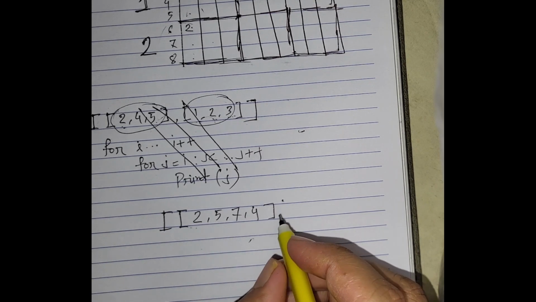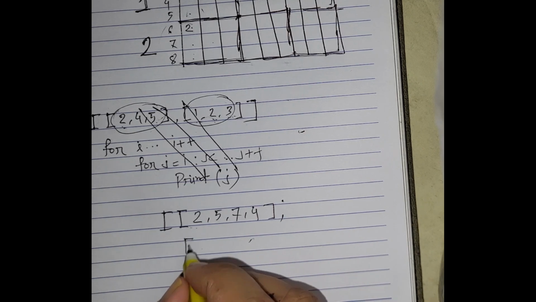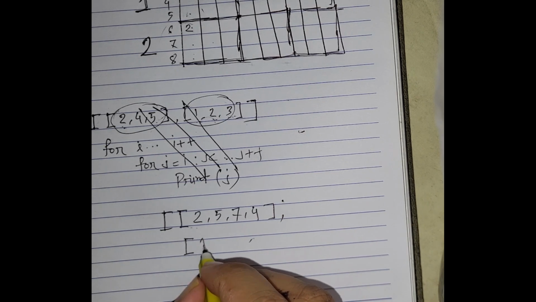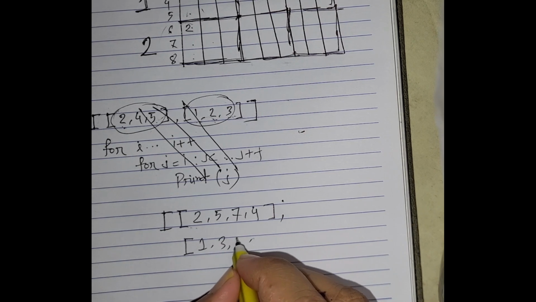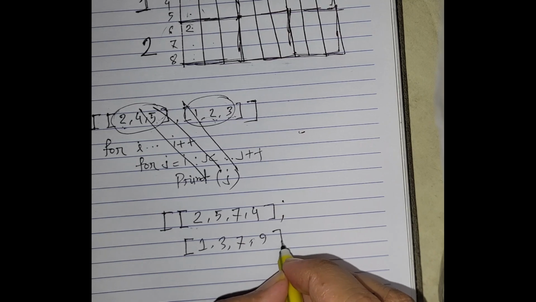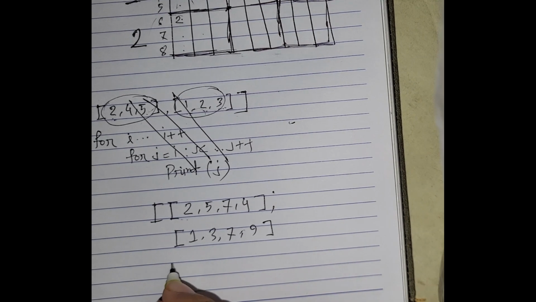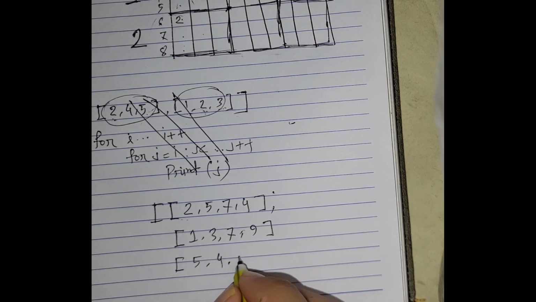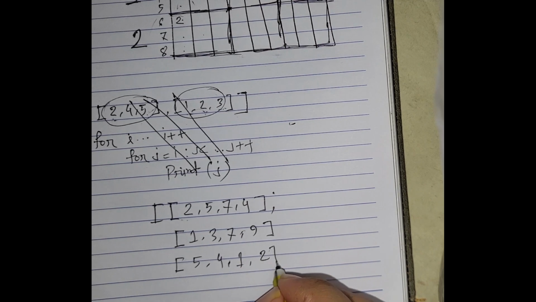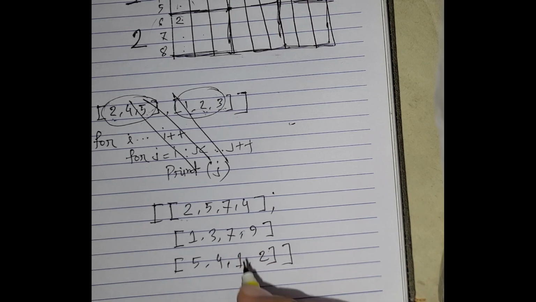It's the same thing, right? So I will have another array, I'll call it 1, 3, 7, 9 or whatever. I will have another array, 5, 4, 1, 2, and then I'll close this.